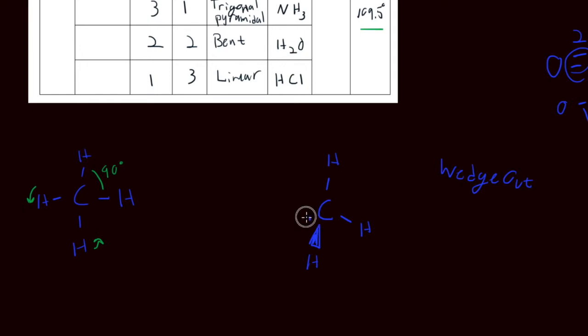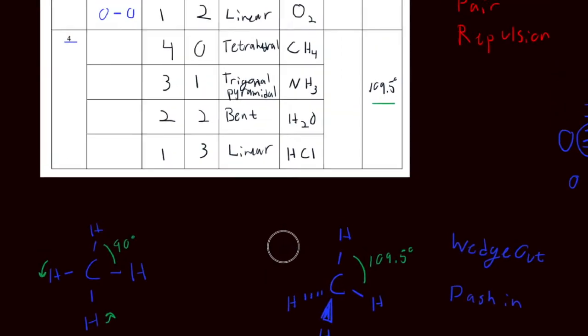And then the other atom going into the page, we use a dashed line to represent that. And so we wedge out and we dash in. And so the bond angles between these end up being 109.5 degrees. And so that's going to be quite a bit more room.